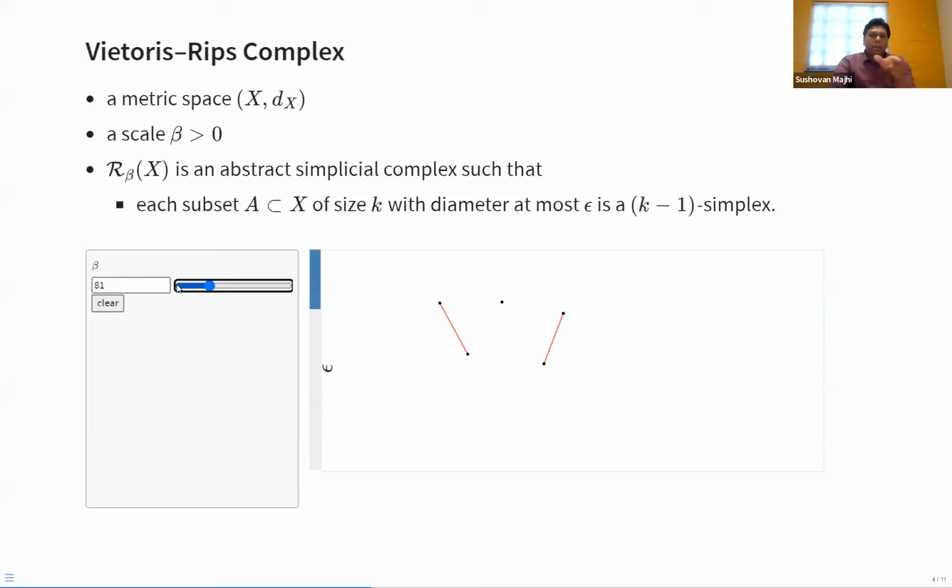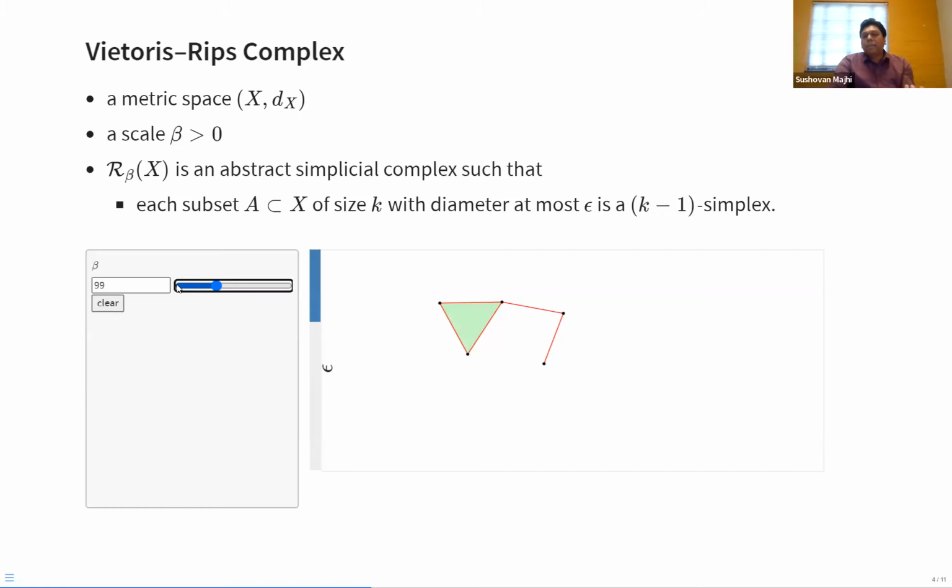And if you keep going, more and more points are now getting connected by edges, but also at this point, see, not only are we getting a new edge, but also the triangle is filled in because these 3 points now, this 3-point combination A has its diameter at most the chosen beta.